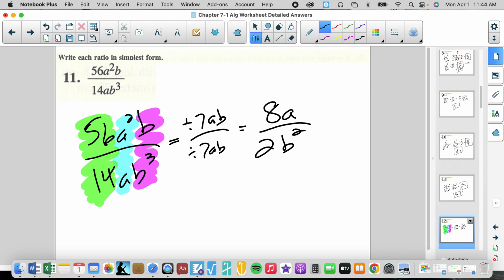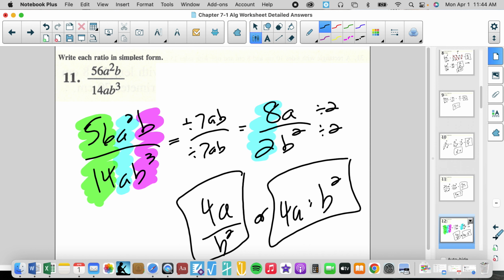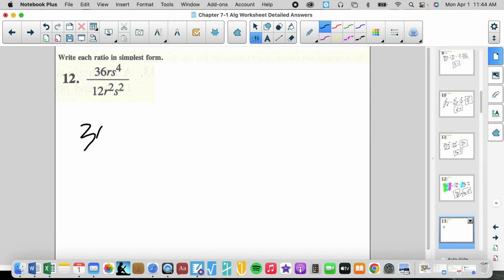Oh, I didn't do the biggest. So we can still do 8 and 2, and we can reduce that by 2, so we get 4a over b squared, or 4a colon b squared. Either of those, to me, are acceptable.